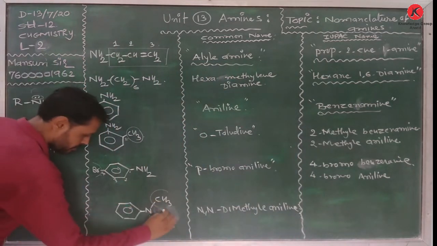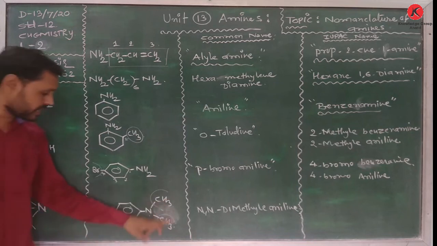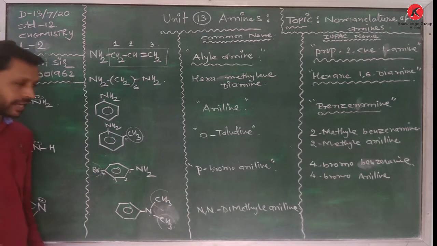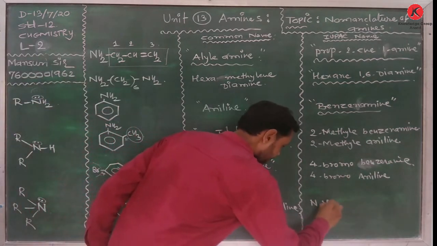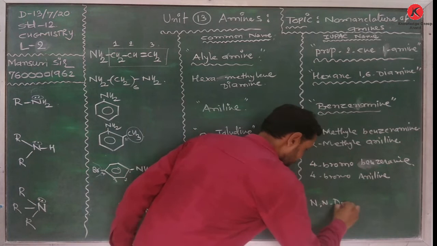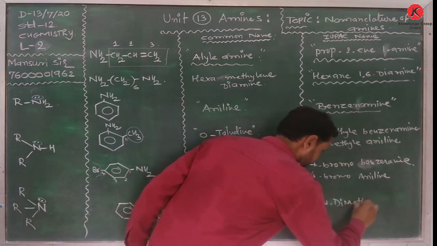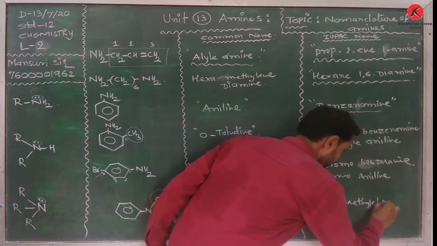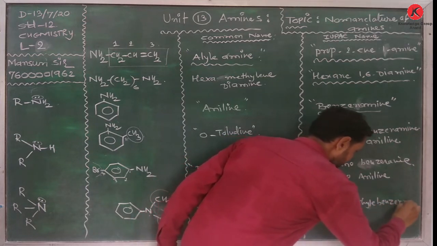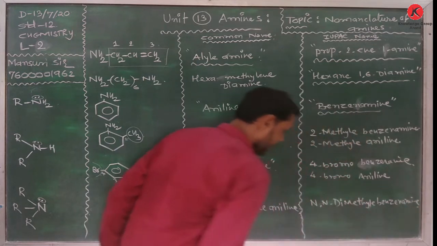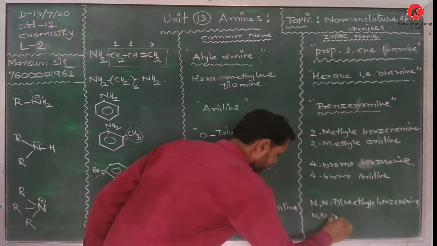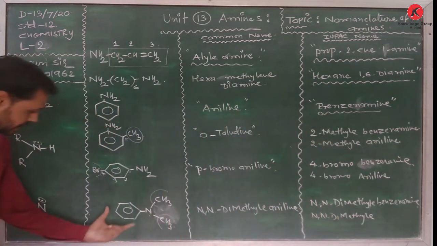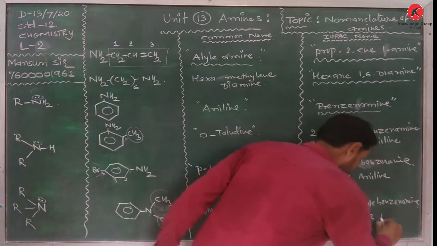Thereafter, here two methyls are given on nitrogen. So N,N-dimethyl benzeneamine, or in other words N,N-dimethyl aniline.